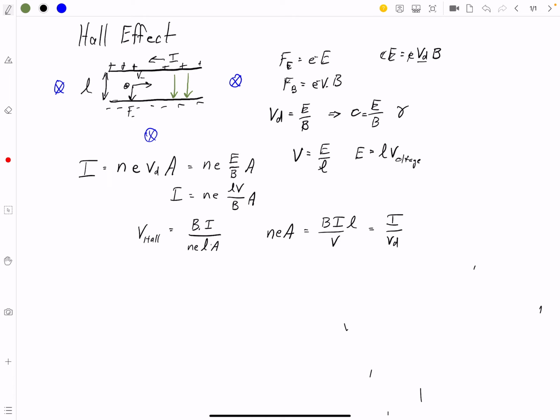So if we put that in here, then we end up with the V Hall is equal to our B times L times v_D. Okay, that is called the Hall voltage.